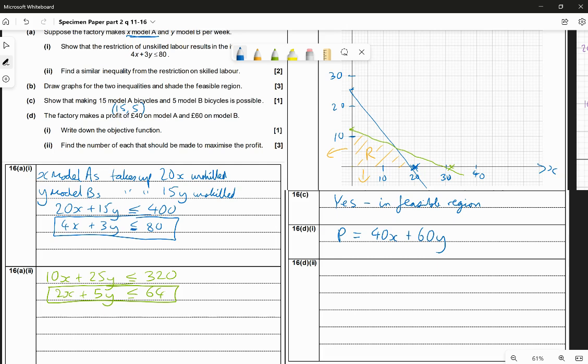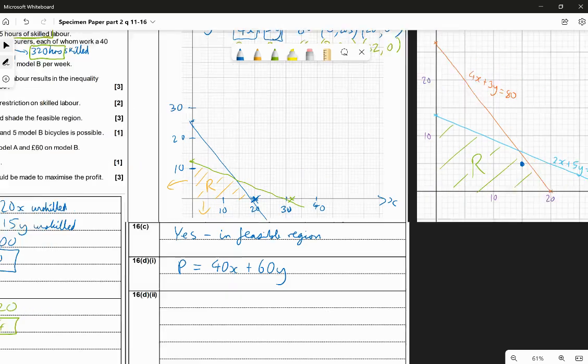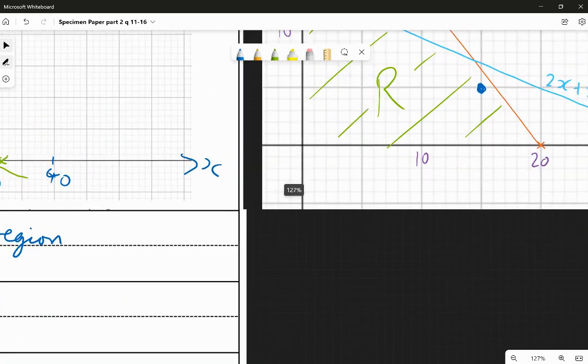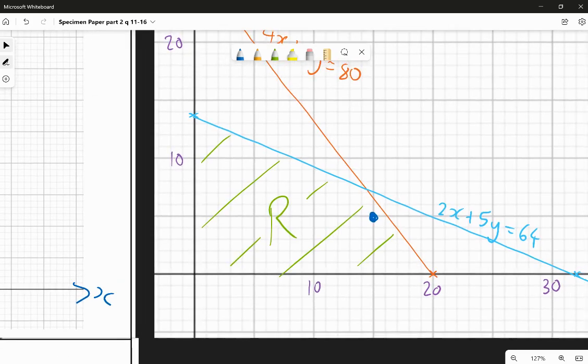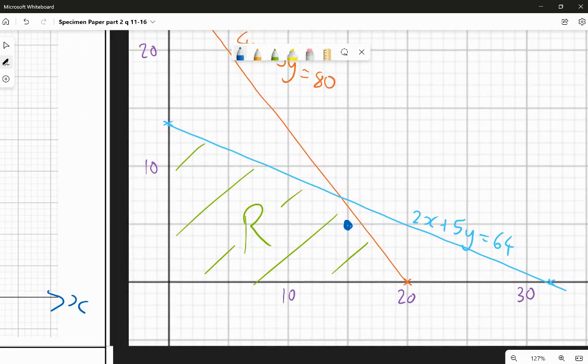Find the number of each that should be made to maximize the profit. So here we really look carefully at our feasible region. If I want to maximize the objective function, the maximum values will be somewhere near the vertices of our feasible region. There are lots of possible options. I could choose to make 0 of each. Obviously, that's not going to make me any profit.